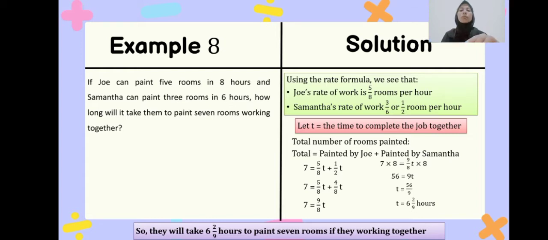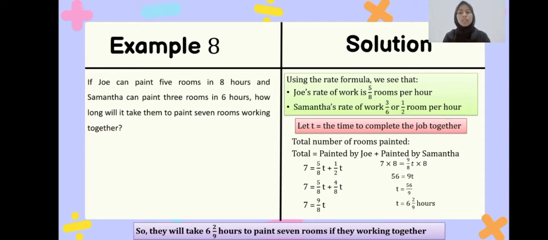Where did we find the 4/8? We have to make the denominators the same, so 1/2 and 4/8 are the same. So we're just going to use 4/8 because the denominator is 8. So 5 plus 4 is 9, so 7 equals 9/8 t.